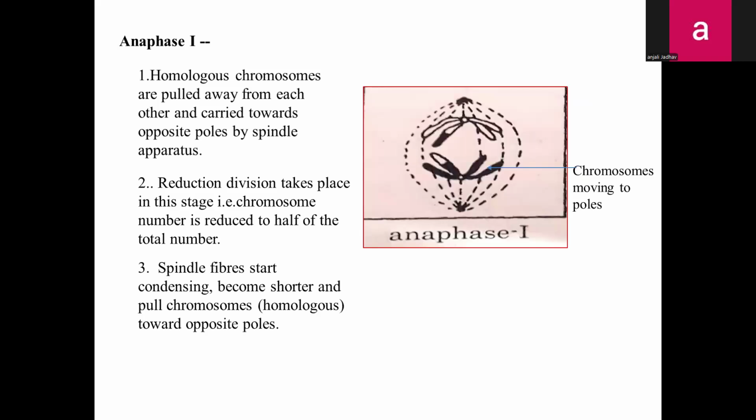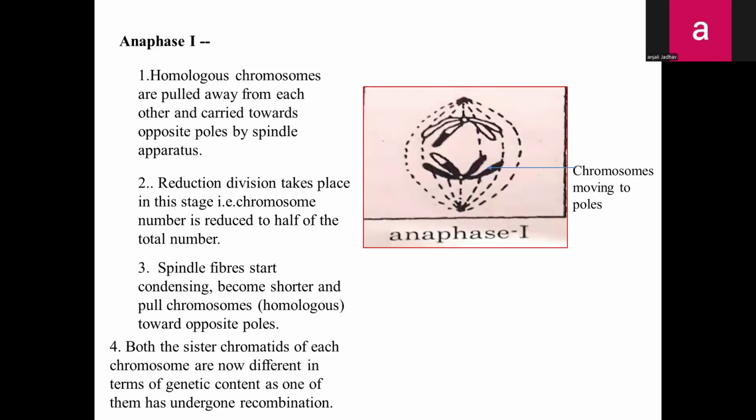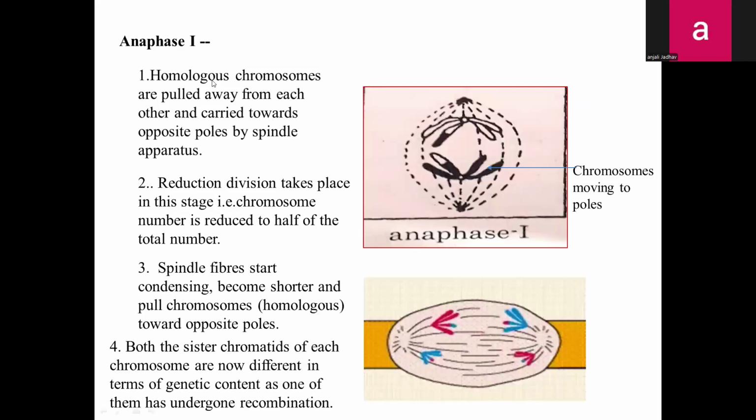Anaphase 1. Homologous chromosomes are pulled away from each other and carried towards the opposite poles by spindle apparatus. Reduction division takes place in this stage. Chromosome number is reduced to half of the total number.